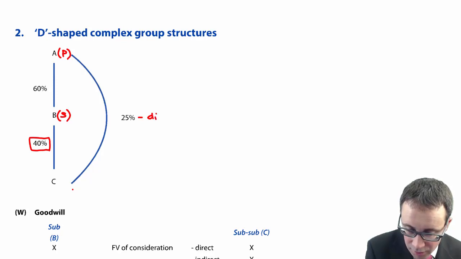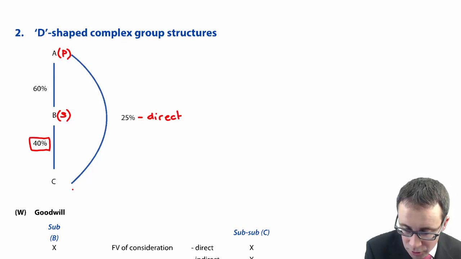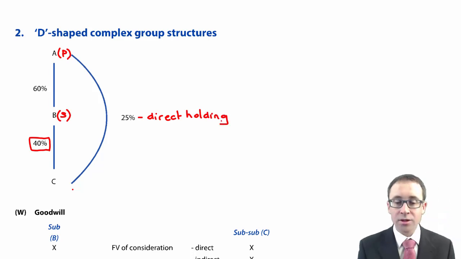What we can refer to that as is your direct holding. And what you can see there is that A has a direct holding of 25% in C, which just begins to make us think ever so slightly.